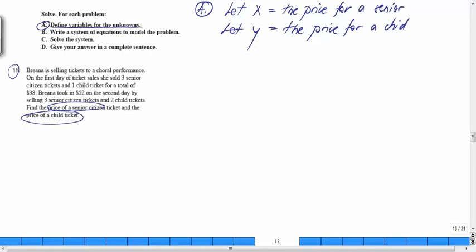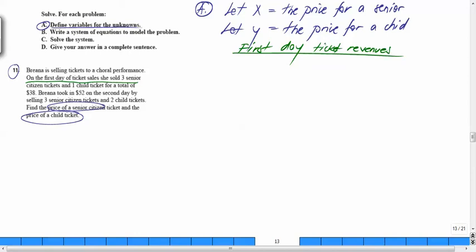Now, let's start with the first day. The first day, she sold 3 senior citizen tickets and one child ticket for a total of 38. So how should we put it? First day ticket revenue. How can we write it?